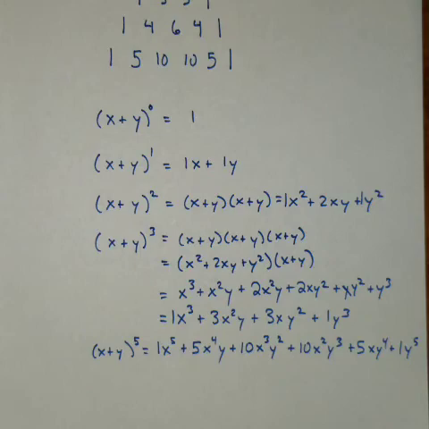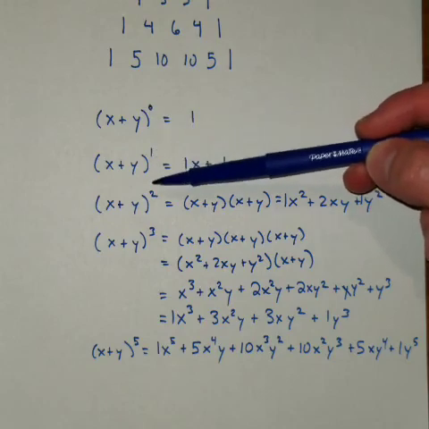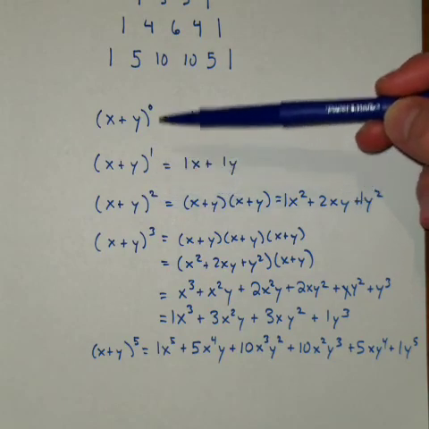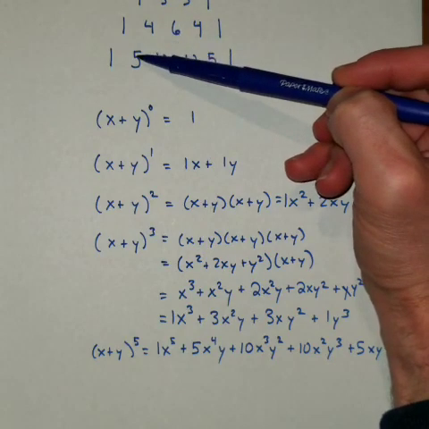And so the binomial theorem itself is the idea that raising a binomial to a power will have coefficients that correspond to the rows in Pascal's triangle. And what you need to notice is that the power on the binomial will pair up with the second number in the row.